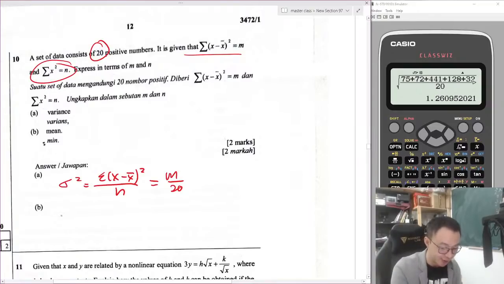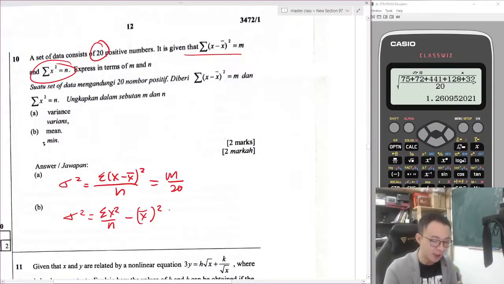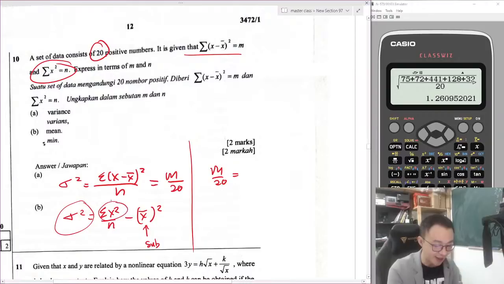In my variance formula, which is the sum of x squared over n minus mean squared, I want to make the mean the subject. So I will substitute the values: I have the variance, which is m over 20, and I have the sum of x squared, which is n.